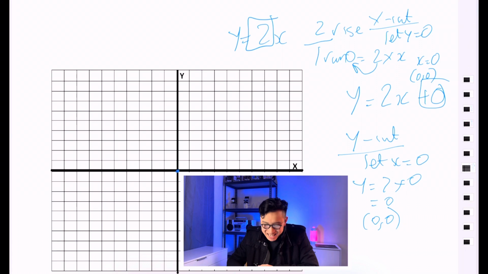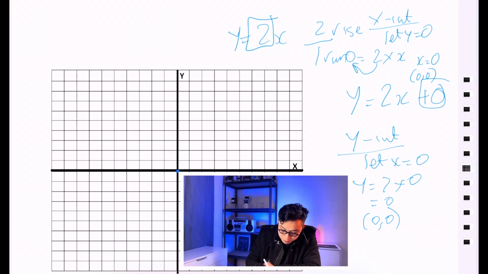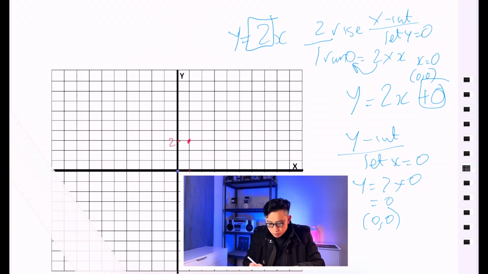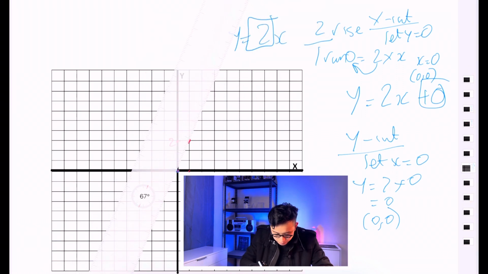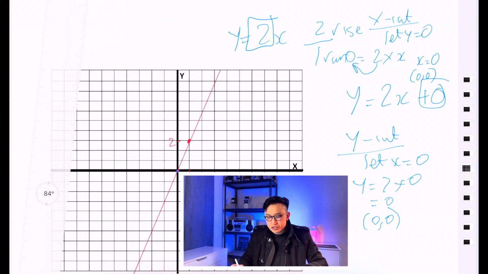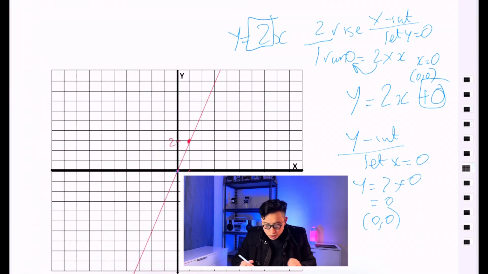We'll get to that in another lesson as well. What this means is every time you run by 1 from the starting position, you rise by 2. And there you go. We grab the ruler out, and you have just sketched y equals 2x.